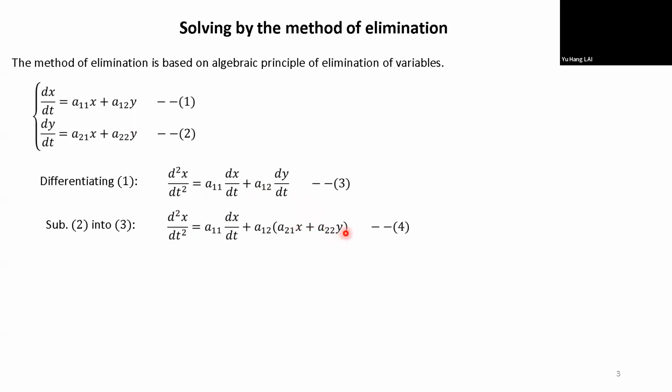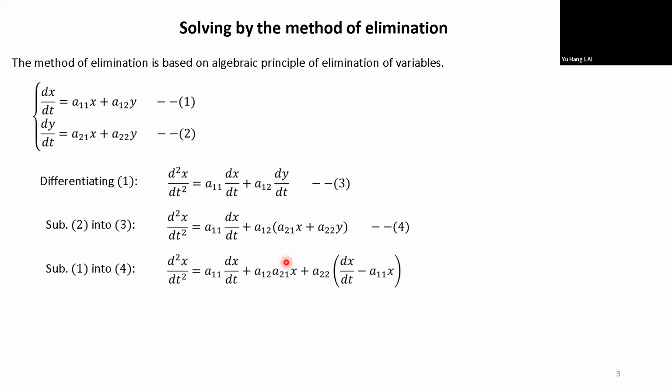But here I still have a y variable. So what we do next is we use equation 1 one more time, because y can also be expressed in terms of dx/dt and x. If we do that, eventually you get an equation that only contains x and the derivative of x.